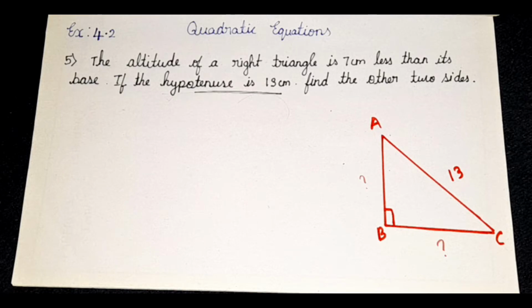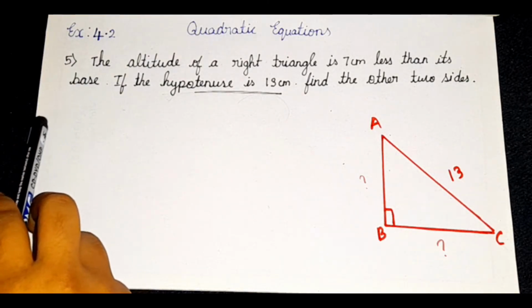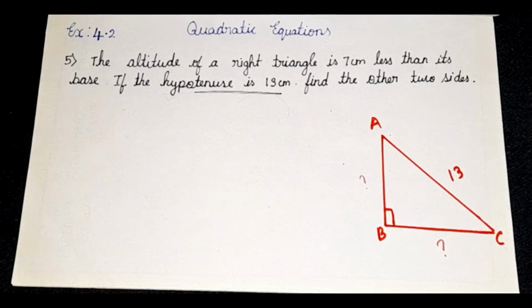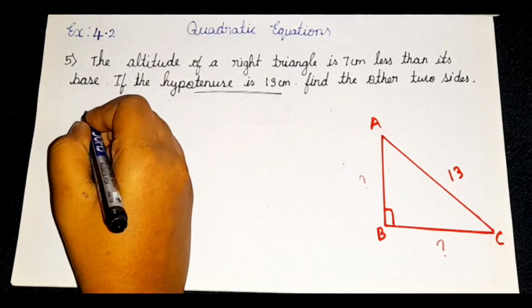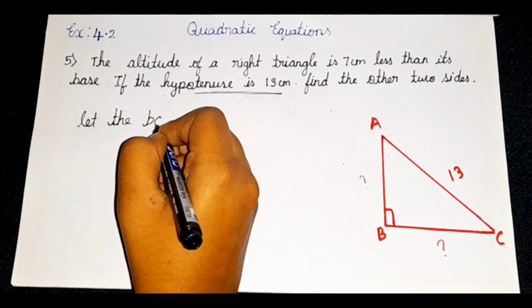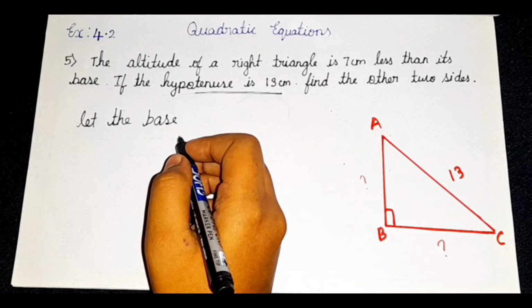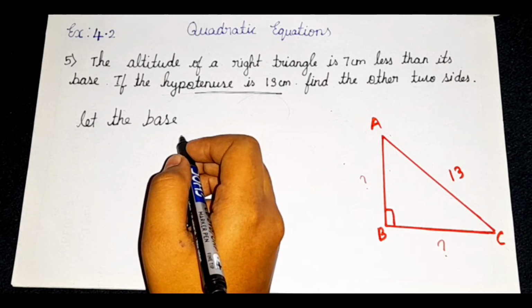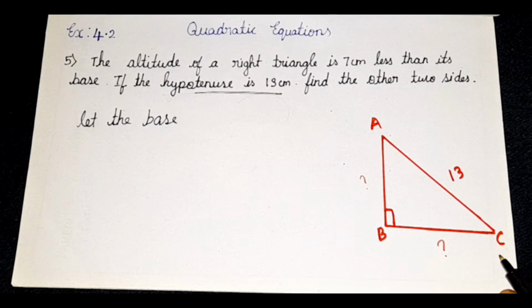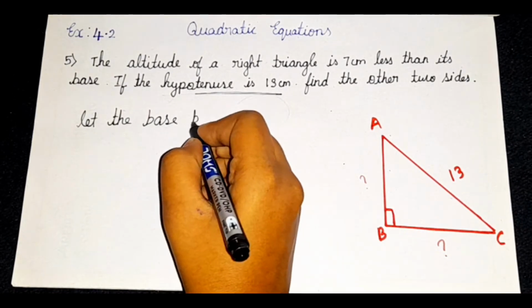So we take it as x. We are supposed to find the base as well as AB. Now I am taking the base as x, then only we can find the values. Let the base be x.